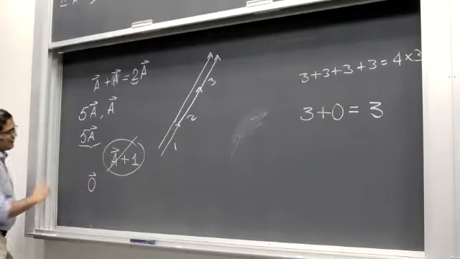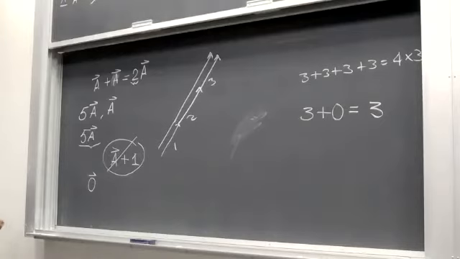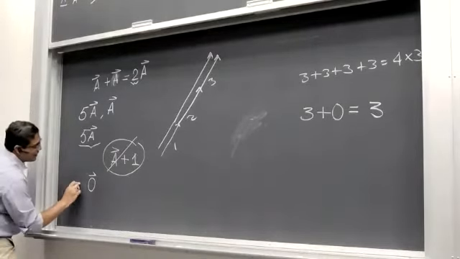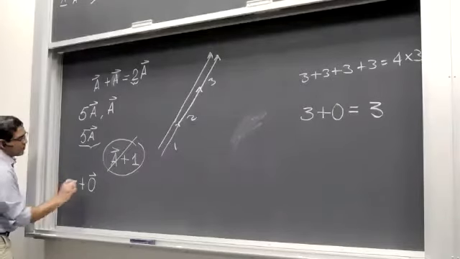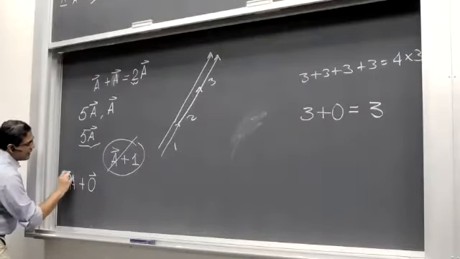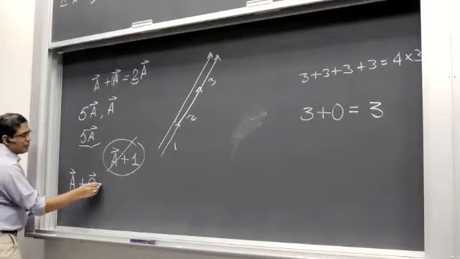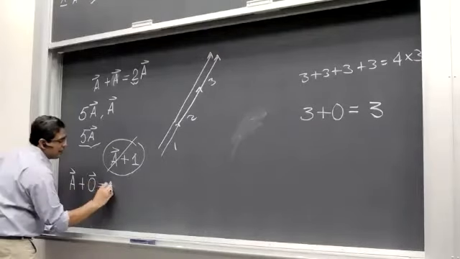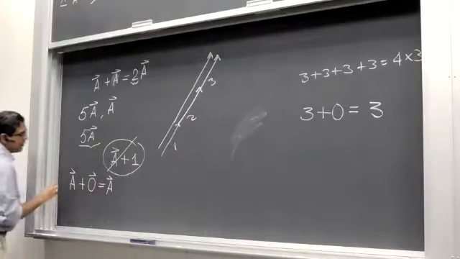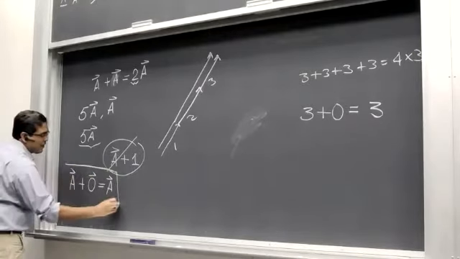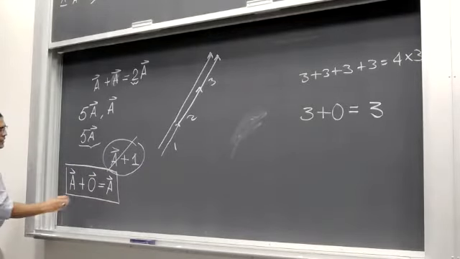This is quite an interesting concept. It's a null vector, but nevertheless it's a vector. The important property that it has is that if you add it to a vector, you get the vector back, right? So this is another important property, that we need to define a zero vector or a null vector.